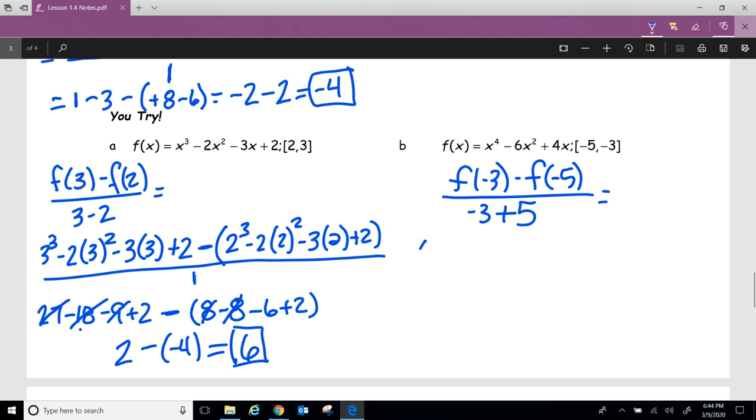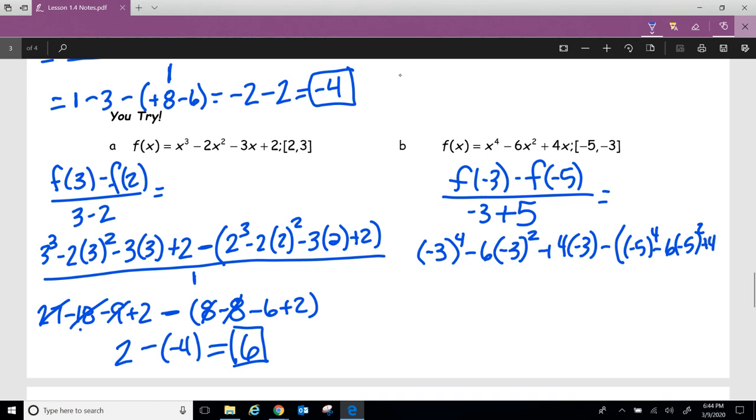So f of negative 3 is going to be negative 3 to the 4th minus 6 times negative 3 squared plus 4 times negative 3 minus, don't forget your big parentheses, negative 5 to the 4th minus 6 times negative 5 squared plus 4 times, running out of room, 4 times negative 5. 5 minus 3 is 2.